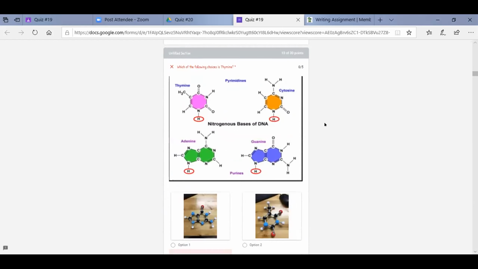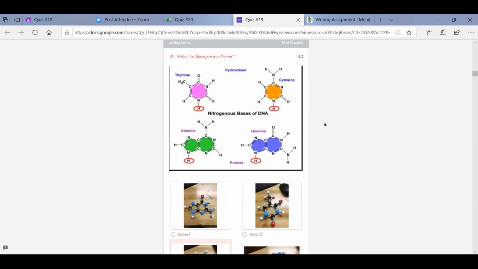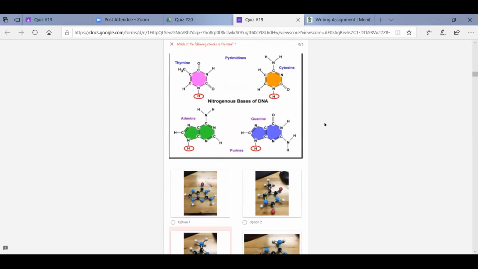Look at the chart. What's unique about thymine? Anyone? Andrew? It has one ring. Yeah, one ring. Now, there are two that have one ring, so what makes it unique from cytosine?